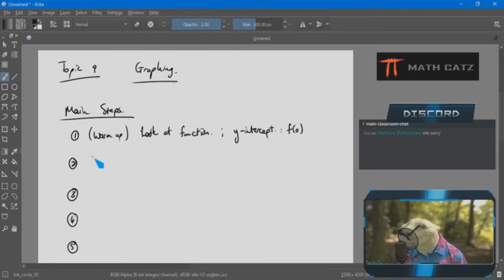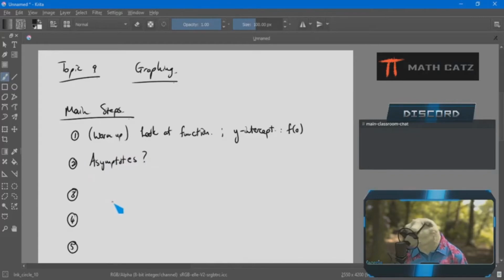Okay, so let me give an outline here, but I don't want you to worry about the steps that are coming up. We're going to take them one at a time, and then at the end, for each kind of function, put them all together as well. So there's going to be a lot of time, but maybe it's good to have an idea of what's coming up. The second step, I'm going to look at asymptotes.